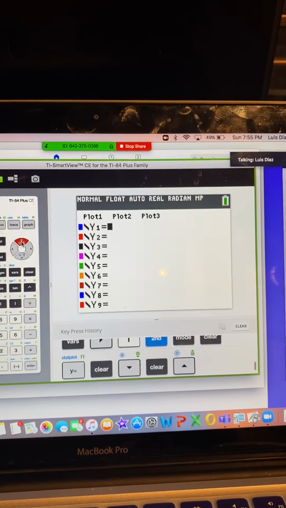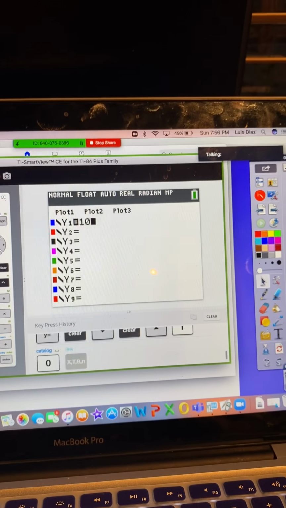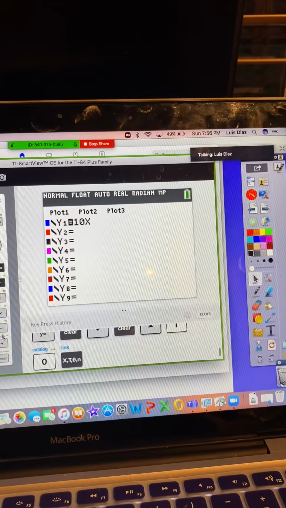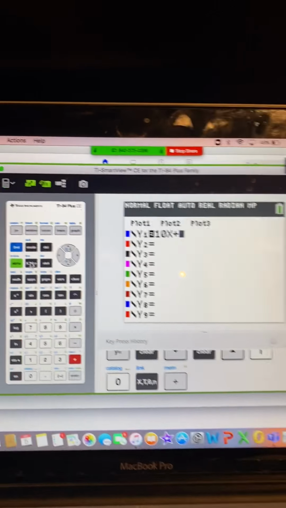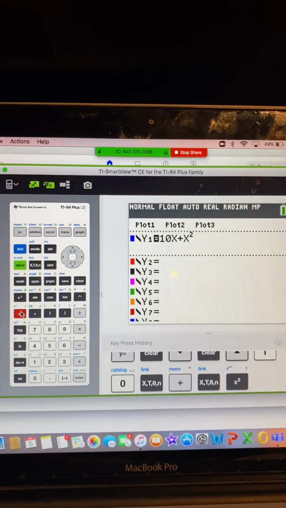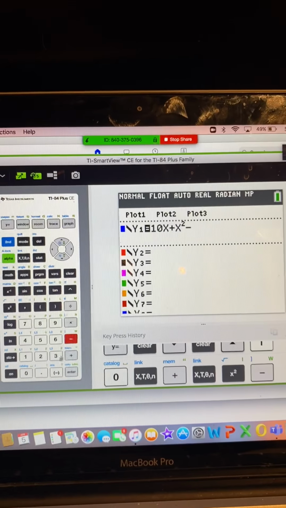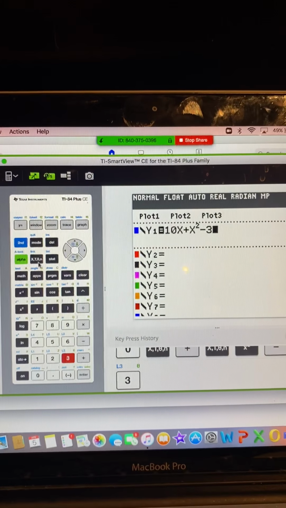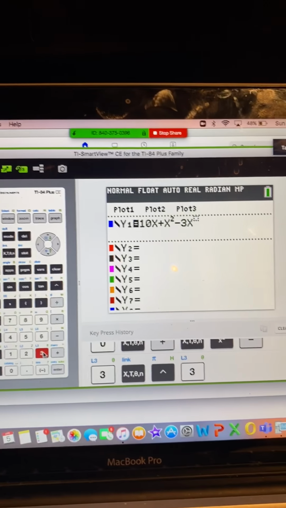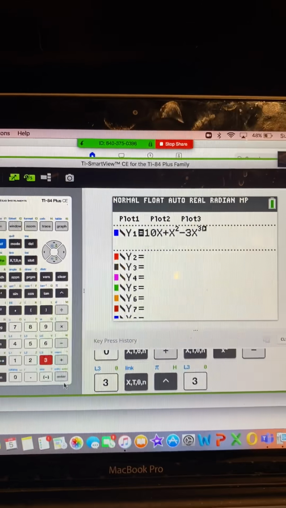Go back up and do 10x plus x squared minus 3x cubed, enter.